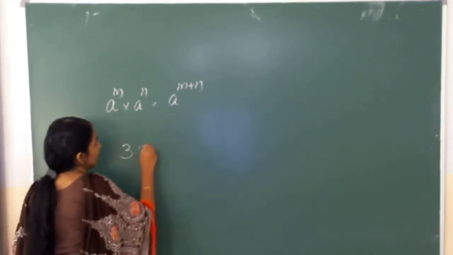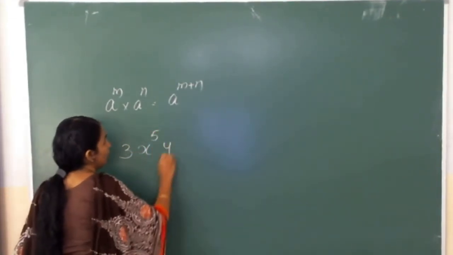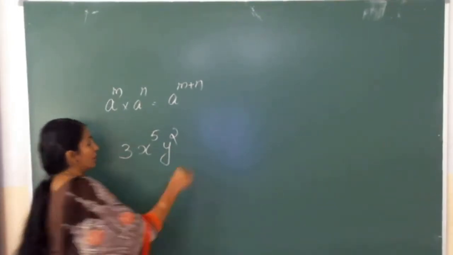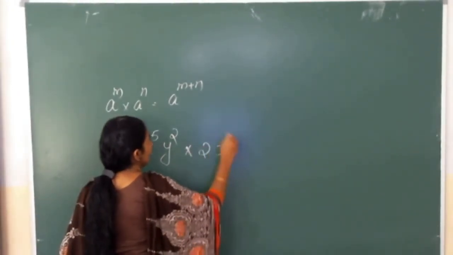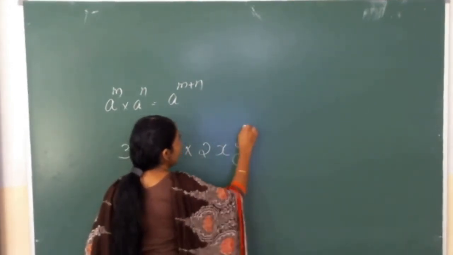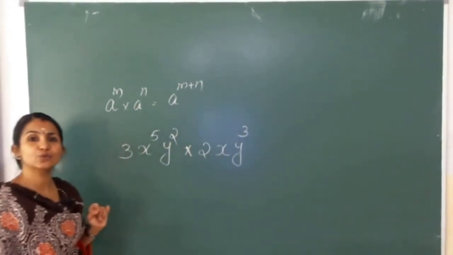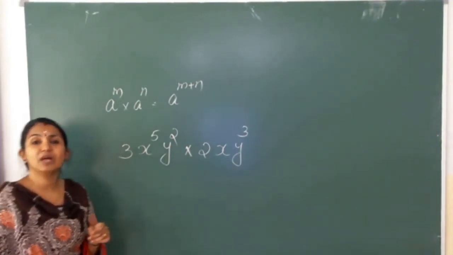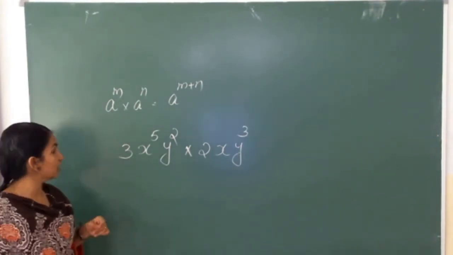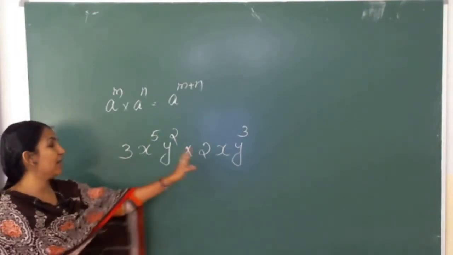3x raised to 5 y raised to 2 multiplied by 2x y cube. How can we do this problem? First we should multiply the constant terms. Which are the constants in this? 3 and 2.